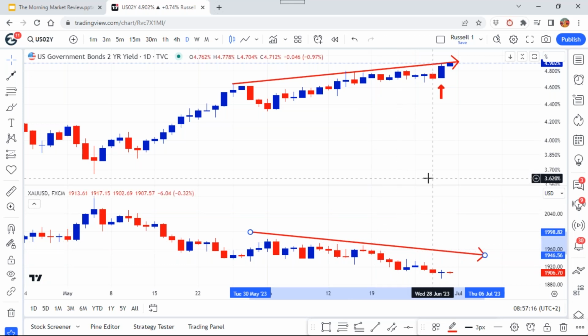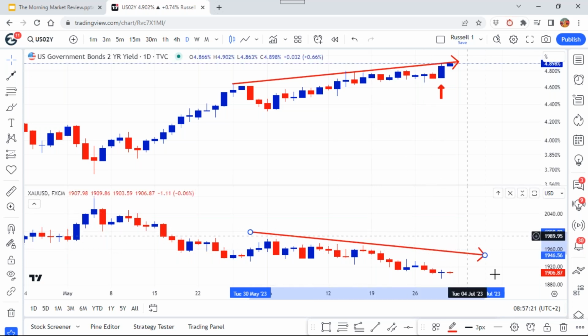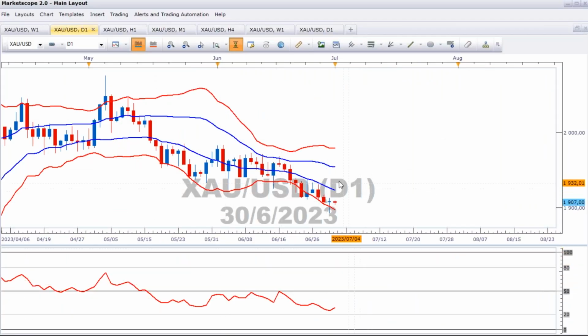If the yields carry on pushing up because of that strong data that we saw yesterday, then, well, what does it say about gold? It suggests to me that gold may face further pressure. So we can see that it's in zone 3. We can see that it is under the 50. So there does seem to be some sort of bearish momentum.